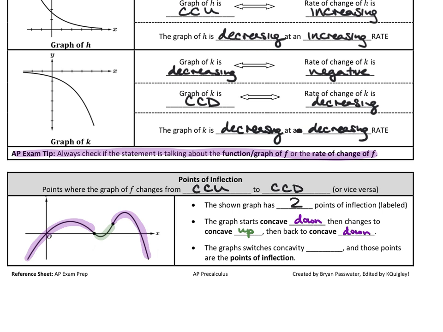So the graph switches concavity twice, and those places where it switches concavity are called points of inflection. These are all ways I can ask you or talk about these places where they change from concave up to concave down. Again, we were really good at noticing this, and we have been consistently because I brought this up many, many times, so I'm not all that worried about concavity. We just need to practice it again.